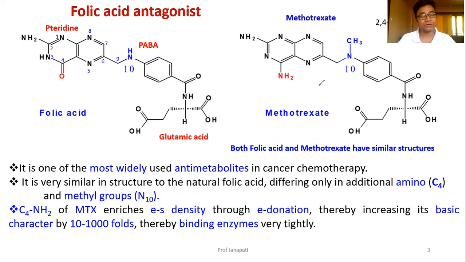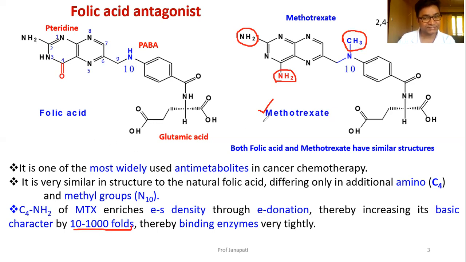will make the molecule more basic in structure. The methyl group is also an electron donating group, and this amine group is also an electron donating group. More amines are present, and there is also this pteridine nucleus. Now the basicity of this molecule, that means methotrexate, is increased 1,000-fold compared to folic acid.